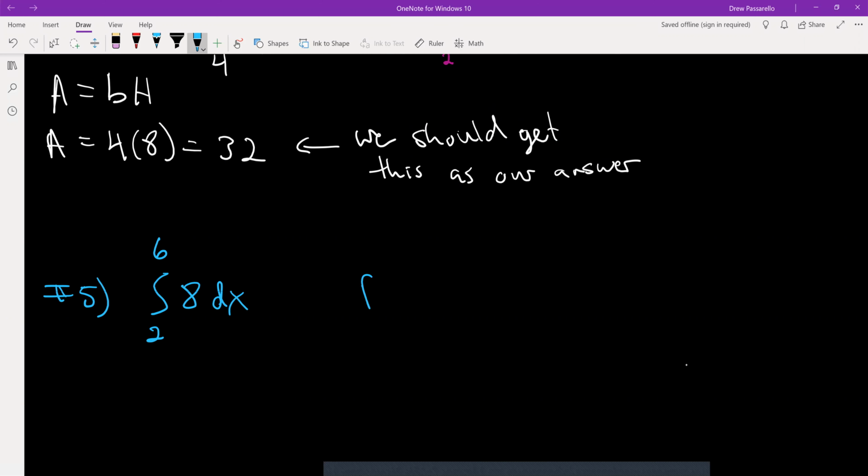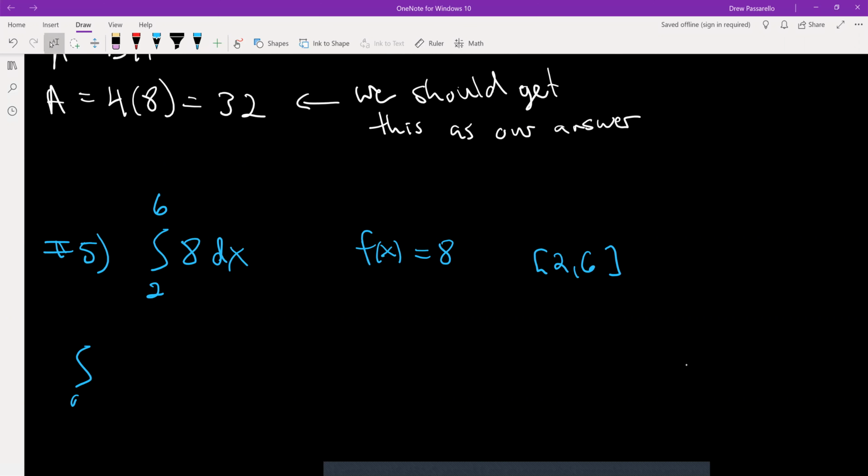So our function f of x is 8. The bounds 2 and 6 give us the closed interval 2 to 6. And we know the limit definition: the definite integral is the limit as n goes to infinity of that Riemann sum.